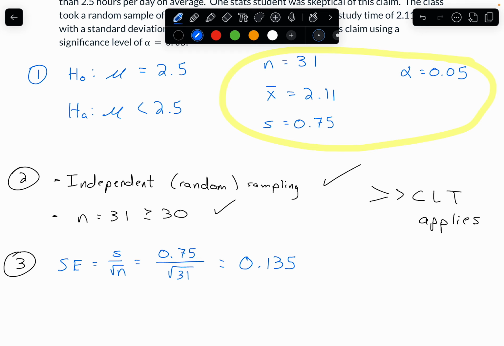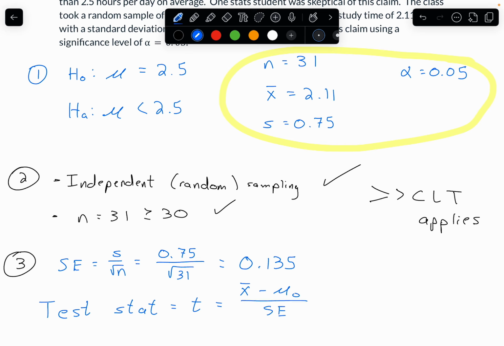Second step is I need my test statistic. So I have to find my test statistic, which I know, of course, is a t-score because we're working with population means. We're using the t-distribution rather than the normal distribution. So t is equal to our sample mean x bar minus mu naught divided by our standard error.